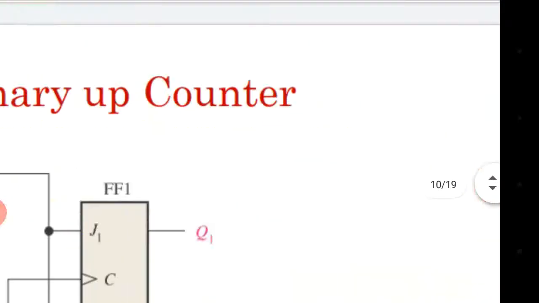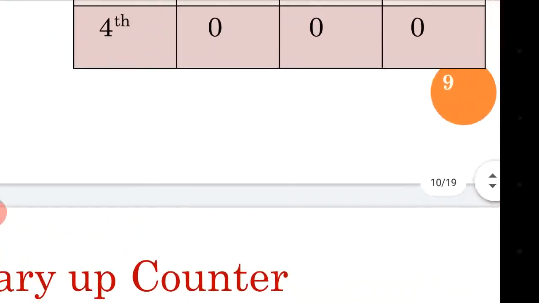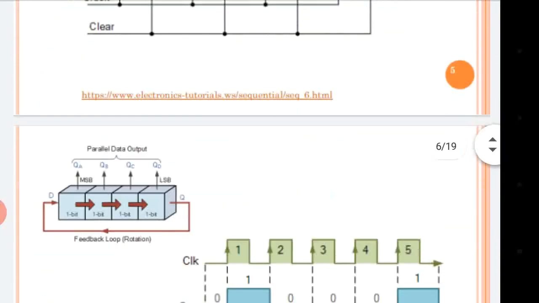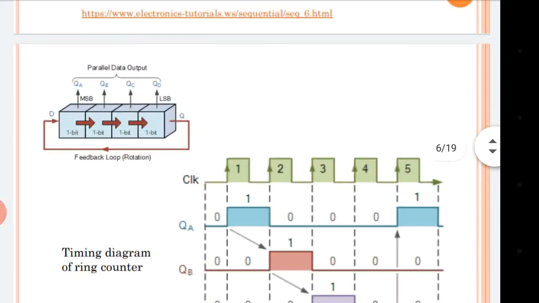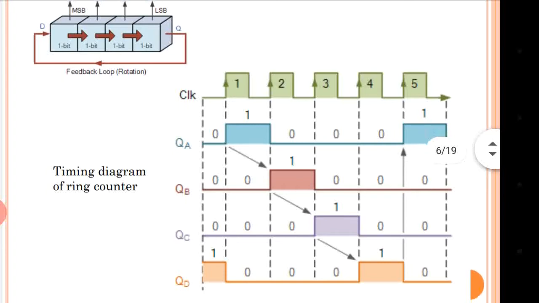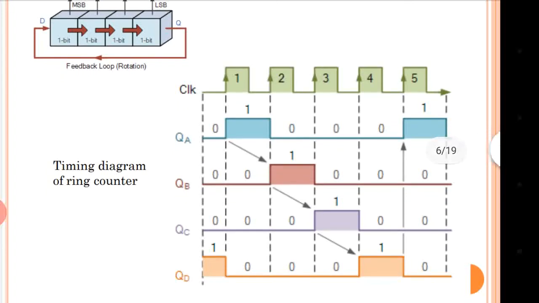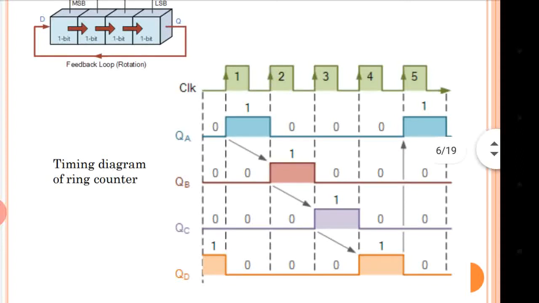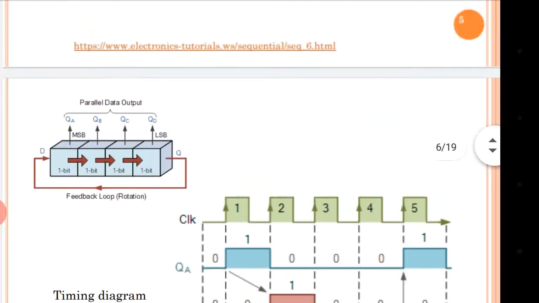As you can observe in this diagram, you can check, just a minute, I will show you the diagram. Yes, here. So in this diagram you can see for the second clock pulse QA is 0, QB is 1, QC and QD are 0, 0, and for the next clock pulse again the 1 shifts.